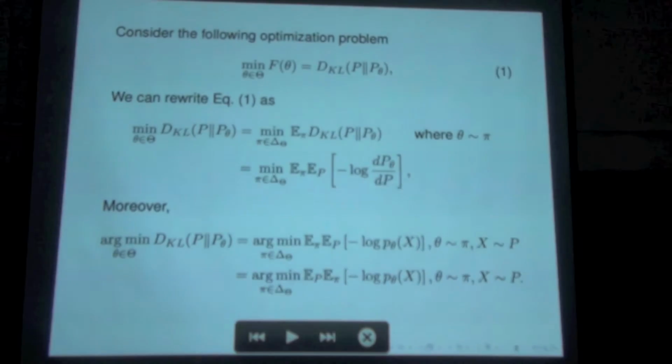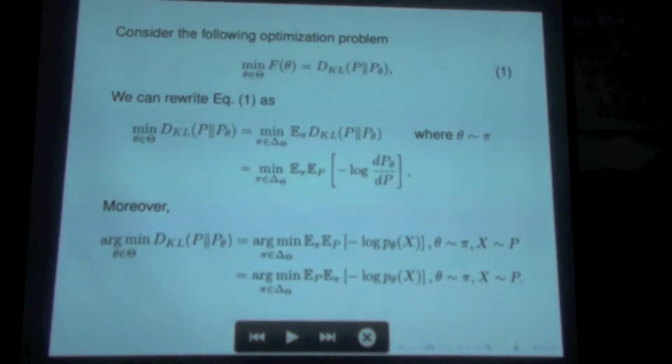So now let's explain it from the optimization perspective. I guess this is going to be interesting for you. Let's consider this optimization problem: minimization of a function over the parameter space, but now my function is the Kullback-Leibler divergence. You know the Kullback-Leibler divergence, okay?